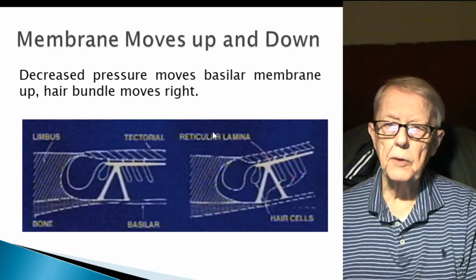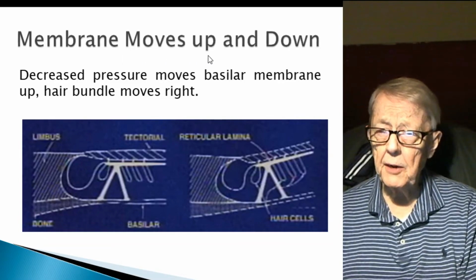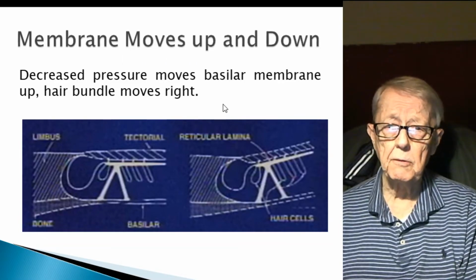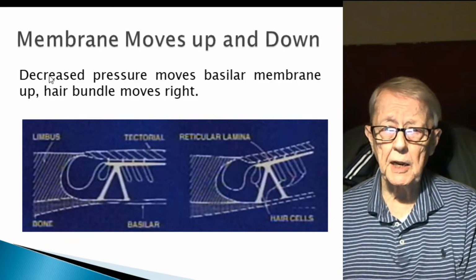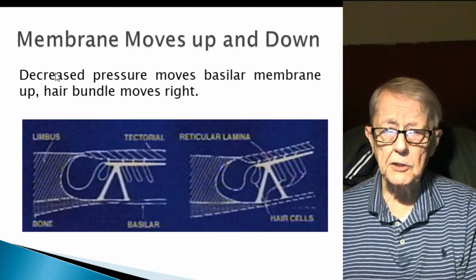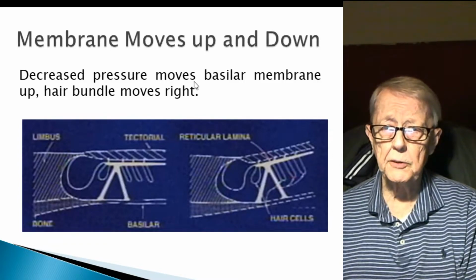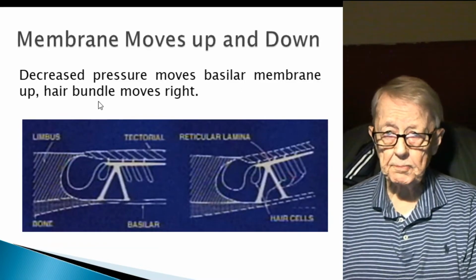Okay, so we talked about the fact that the membrane moves up and down as the eardrum moves back and forth. And this is one of the slides that the speaker presented. In this case, he's talking about a decrease in pressure, which moves the basilar membrane up.